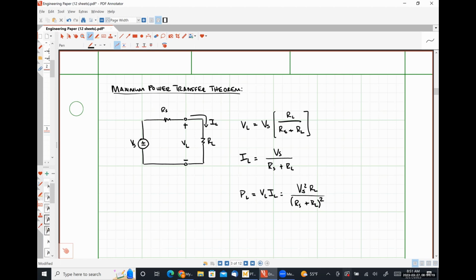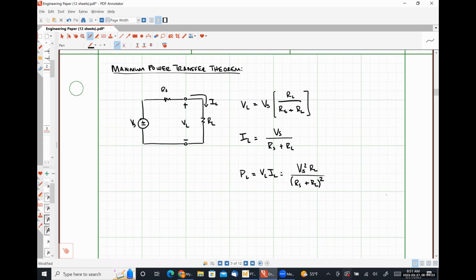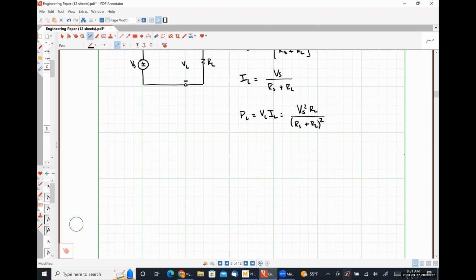So if I were to plot the power absorbed by our load resistor as a function of load resistance. So in my y-axis, I have PL as a function of RL.